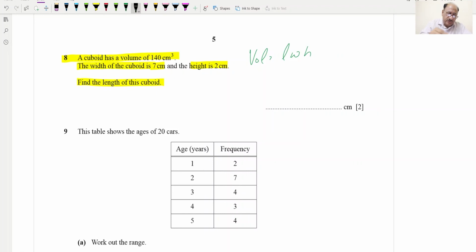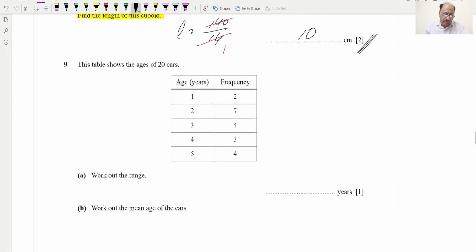Volume is given, which is 140, equal to length times width 7 times height 2. Length we have to calculate. So L times 7 times 2, and 7 times 2 will be 14, so L will be equal to 140 over 14. After cancellation, 14 ones are 14 and 14 tens are 140, so our answer will be 10 centimeters, and this will be for 2 marks.